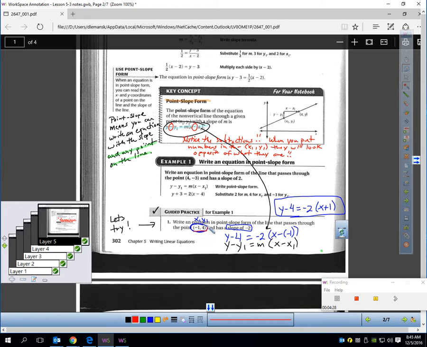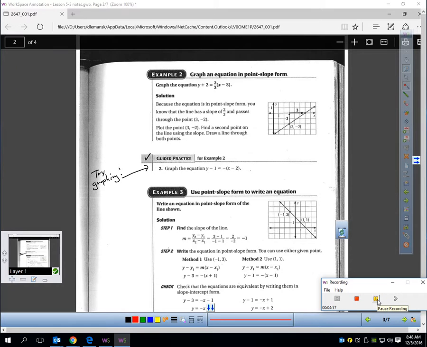X sub 1 was -1 and y sub 1 was 4, but look at the final equation. Do you notice how, because we put a -1 and subtracted it, it actually turned into +1? And when we put a 4 in there, because we're subtracting, it looks like a -4. When you use this equation form, the numbers that you put in, when they're done, will look opposite of what they really are.